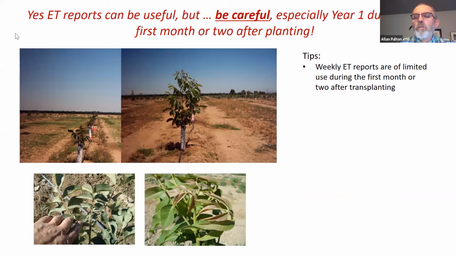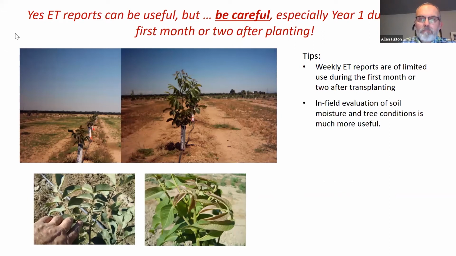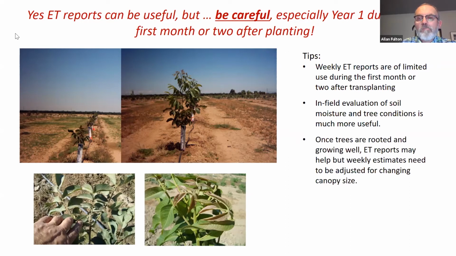These weekly ET reports are limited during that first month or two after planting. You will likely find that in-field evaluation of the soil moisture and tree conditions is much more useful. Once the trees are rooted and growing well, ET reports may help, but weekly estimates need to be adjusted for changing canopy size.